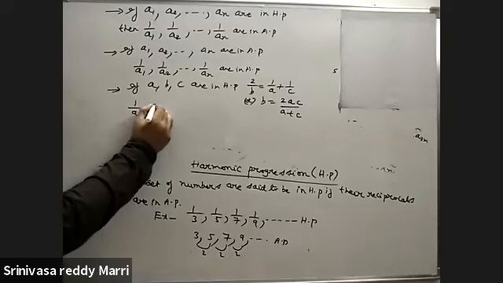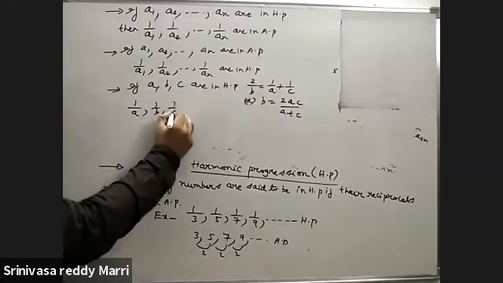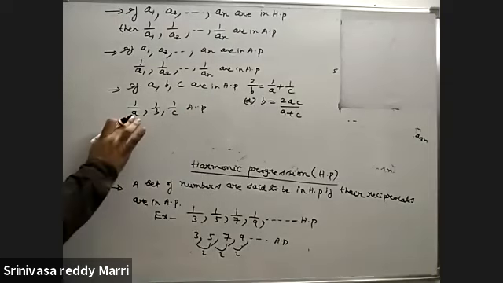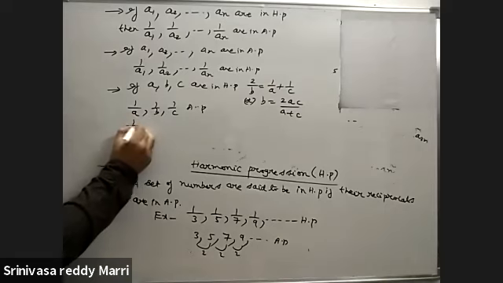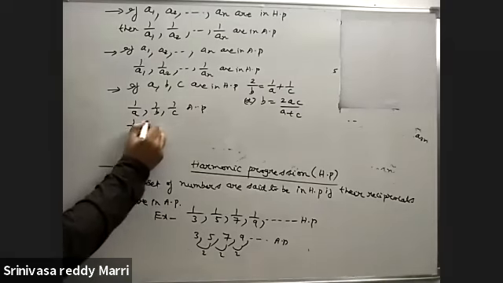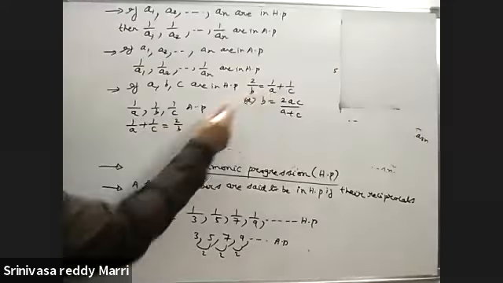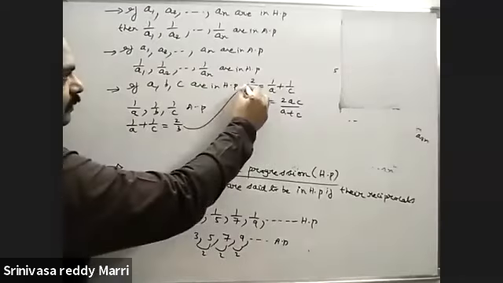So here 1/A, 1/B, 1/C are in AP. As these are in AP, X plus Z equals 2Y.